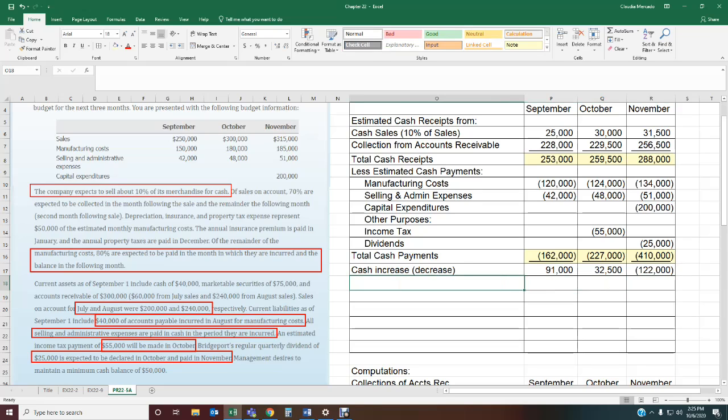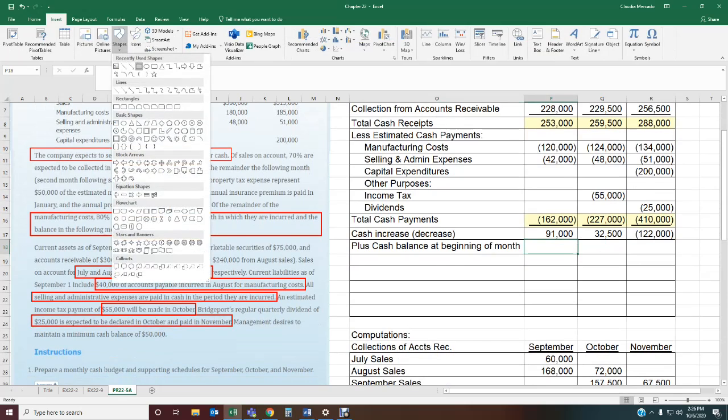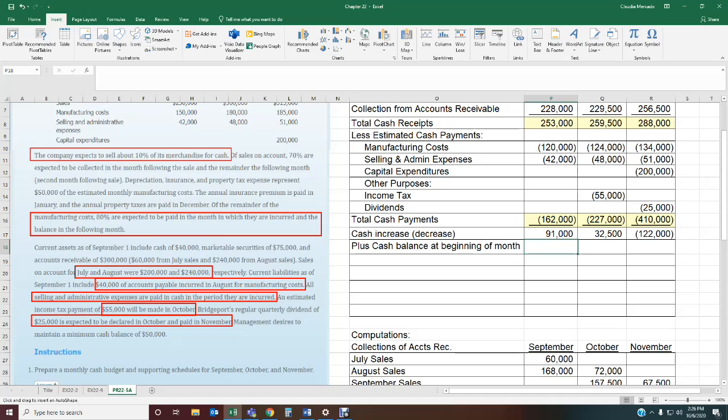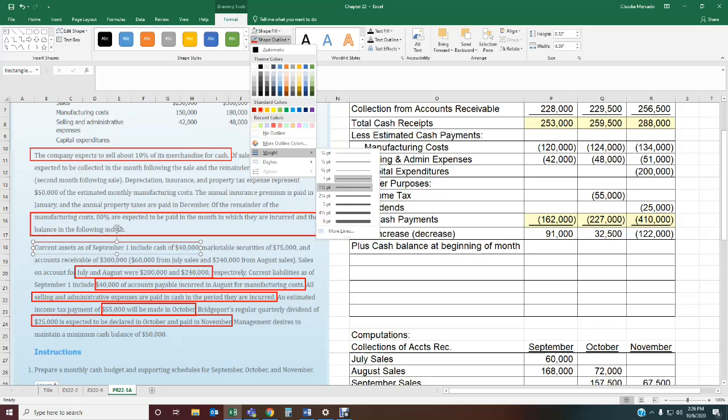Then I'm going to start off with my cash balance at the beginning of the month. Okay. Now, the problem says, and this is where we should be highlighting or marking, it says that we have current assets as of September 1st, which includes cash of $40,000. Okay.